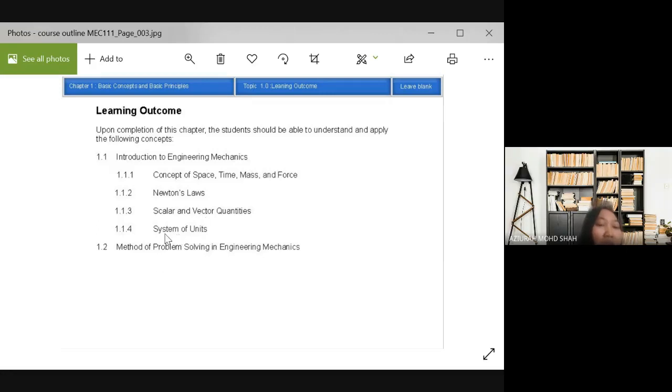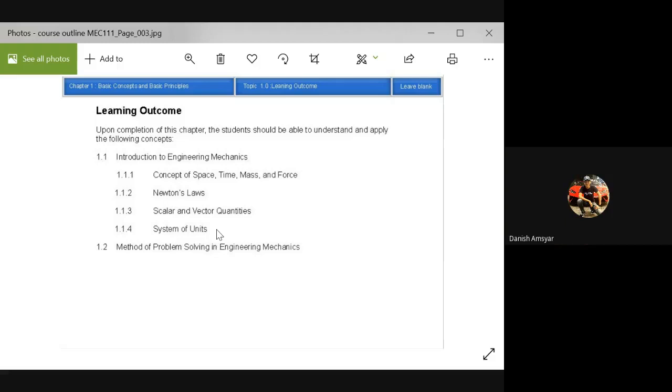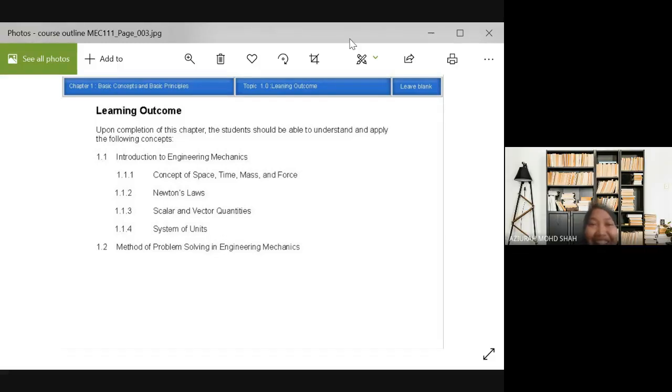Okay. Last one in chapter 1.1 system of unit. Ada orang baru request nak masuk. Dia kata internet ada problem. Normally kelas 8 AM ni problem dia selalu lambat bangun. Macam first week mana ada kelas, selalu macam tu kan.